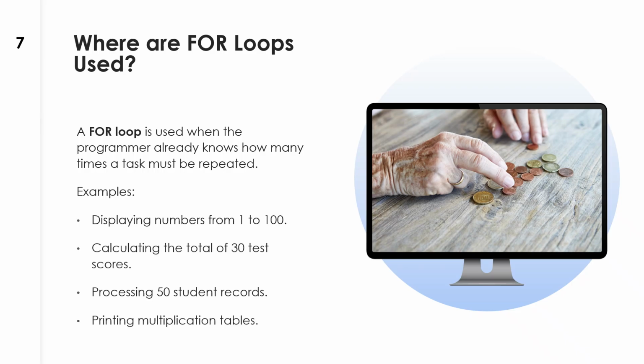And last but not the least, if you have to print multiplication tables, multiplication tables are either used up till multiplied by 10 or multiplied by 12, totally up to you. But you know that you have to start multiplying from 1 and move on to 10 or move on to 12. So when you know this in particular, you use for loop because you know the starting value and the ending value.